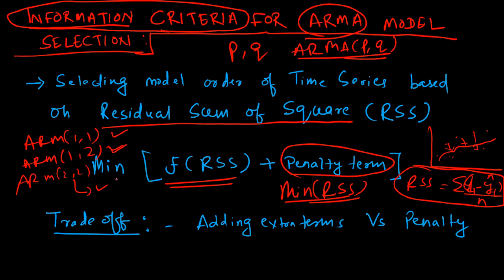Hence, when we minimize this, we also keep in mind that we have a penalty term for adding more lags, or more AR terms or MA terms, in the ARMA framework. Okay, so that will be taken into consideration.